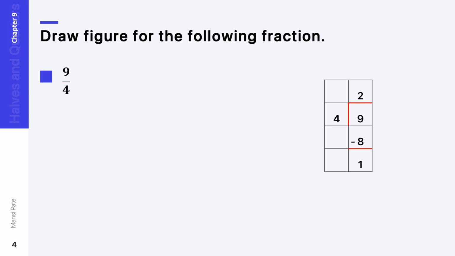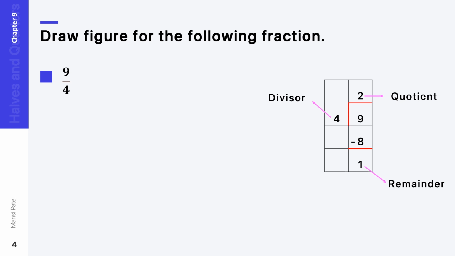What is that number? 4 twos are 8. So you have to write down 2 in the place of quotient and then minus 8. 9 minus 8 is 1. So here 2 is known as the quotient, 1 is known as the remainder, and 4 is known as the divisor.